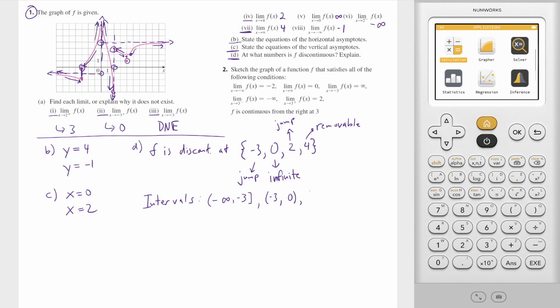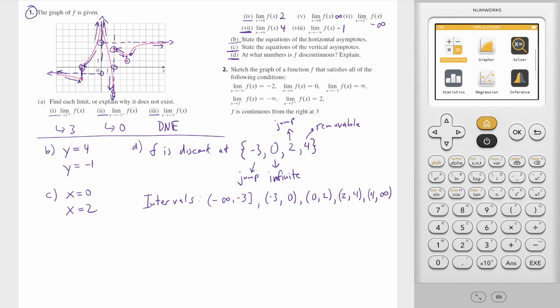Then from 0 non-inclusive to 2 non-inclusive. And then from 2 non-inclusive up to 4 non-inclusive. And finally, from 4 non-inclusive up to infinity, assuming, of course, that there are no other discontinuities beyond what is shown here in the graph.